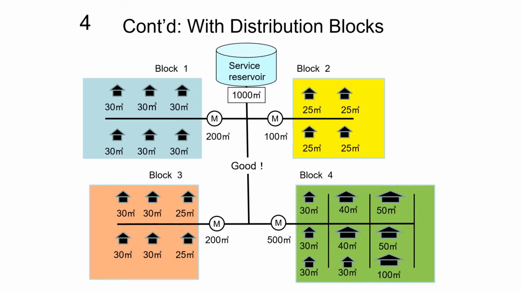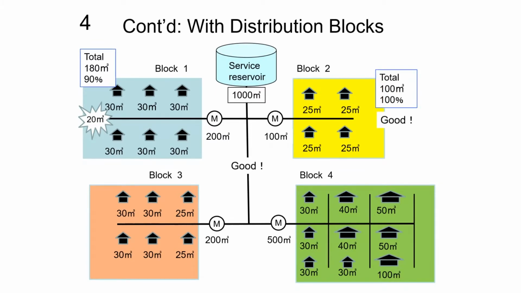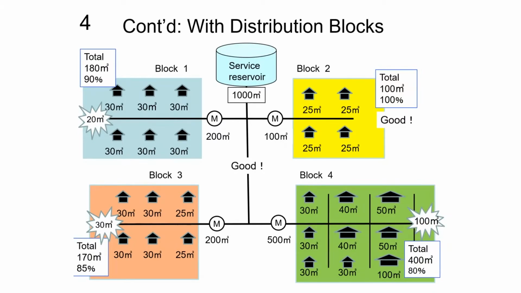Next, we compare the value we took from the block meters with the sum total of meter readings from households within each block. This tells us that there's 20 cubic meters of leak in block 1, no leak in block 2, 30 cubic meters leak in block 3, and 100 cubic meters leak in block 4.